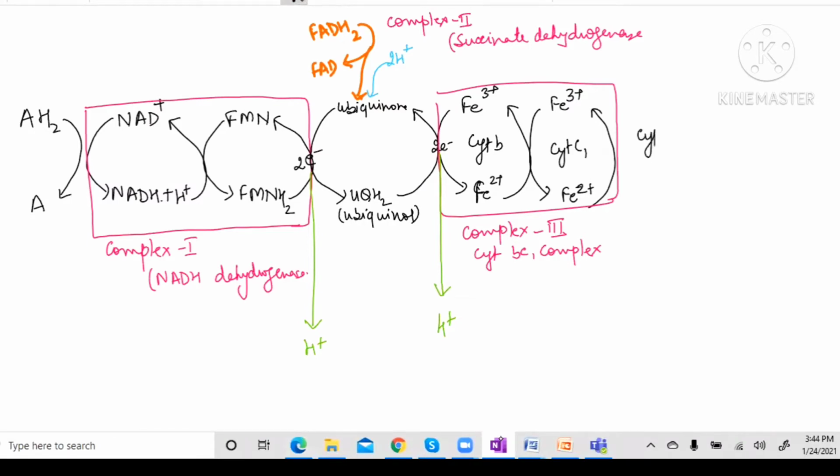Next is your cytochrome C. This is your cytochrome A. In the entire system, only electron movement is going on, we have to remember. And last is your cytochrome A3.